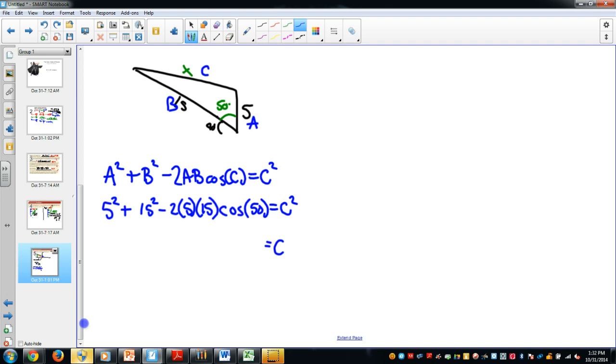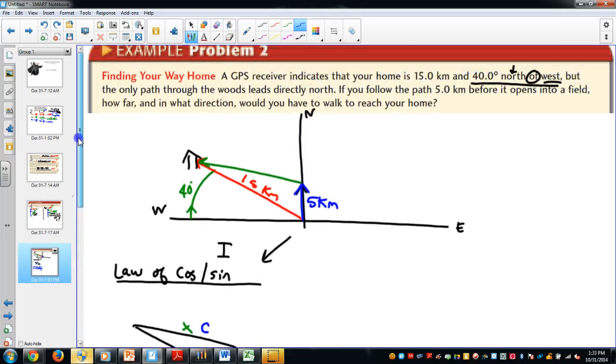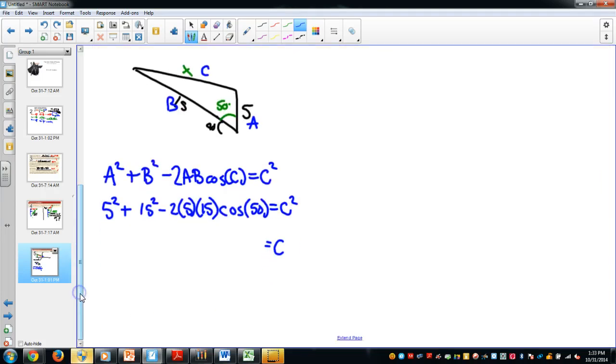So I take my calculator: 5 squared plus 15 squared minus 2 times 5 times 15 times cosine 50. Then I take the square root of that, and it comes out to 12.4. How many sig figs can I have? Looks like 3 sig figs, so 12.4.